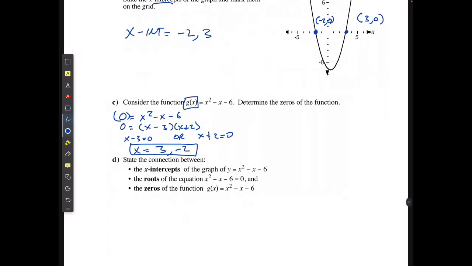So what is the connection between the x-intercepts, the roots, and the zeros? The value of x is the same.